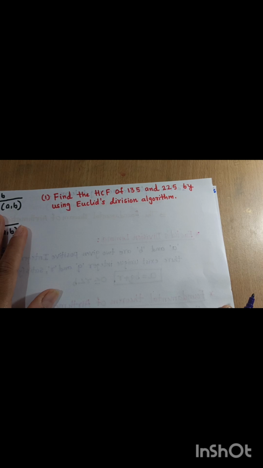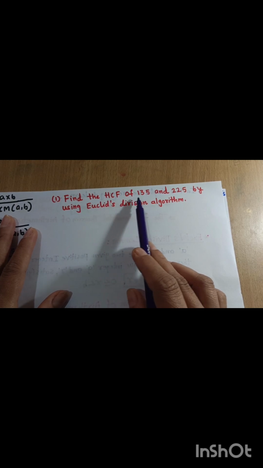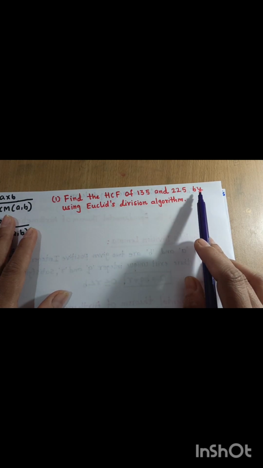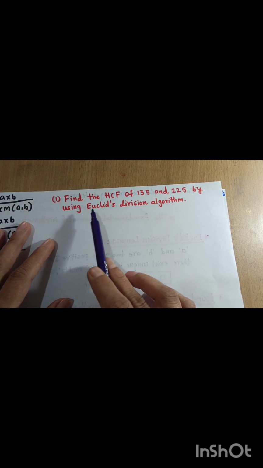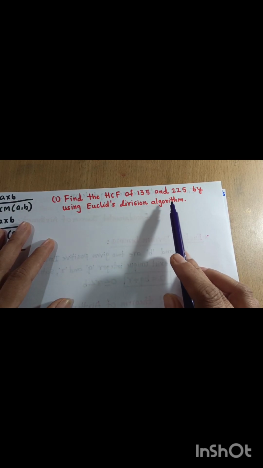Now let's start some important questions. Here one question is there. Let's see what that question is. Note down the question. Find the HCF of 135 and 225 by using, listen here, Euclid's division algorithm.